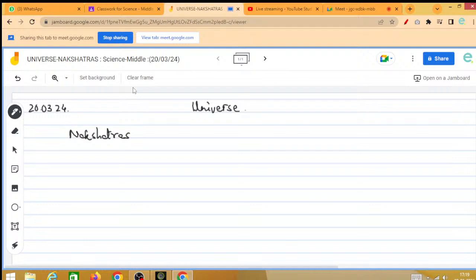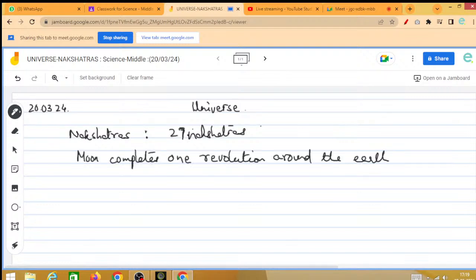Yog Tara, tara means star, right? So just write down: 27 nakshatras. The moon completes in 27.3 days.